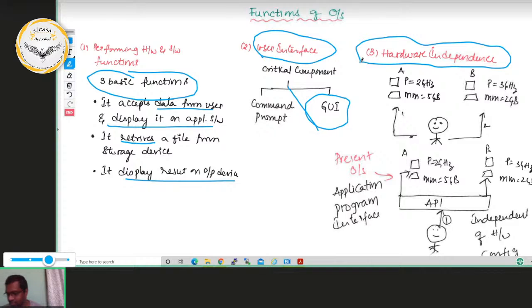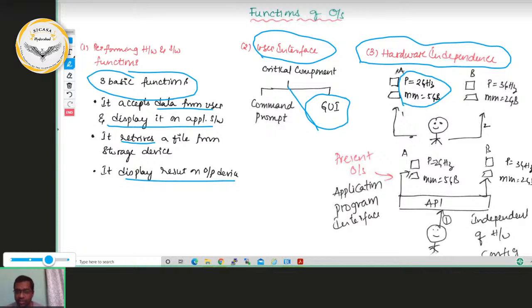Earlier operating systems were system dependent. What do you mean by system dependent? It always depends on the configuration of the system.